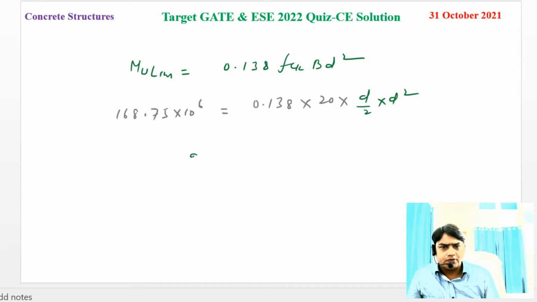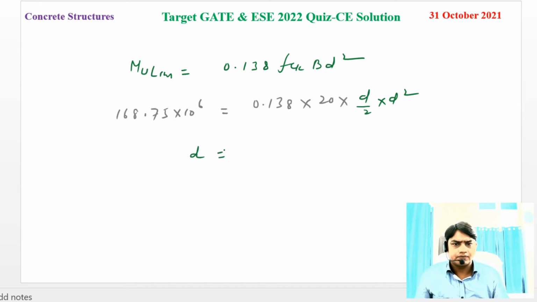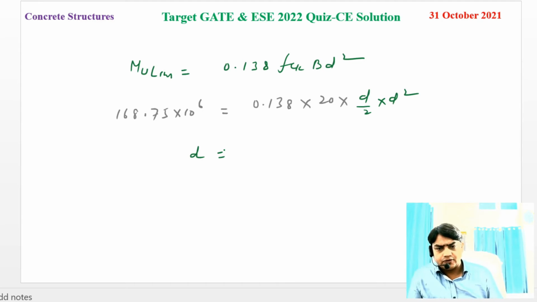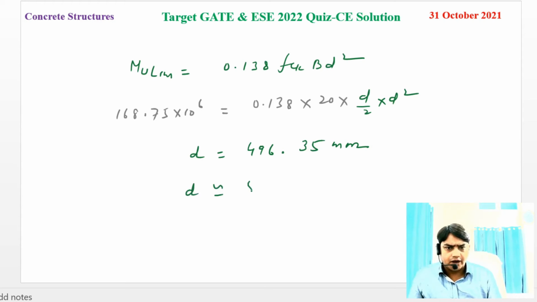So if I compute the value of d, d cube is 168.75 into 2 into 10 to the power 6 divided by 0.138 into 20, to the power 1 by 3. So the value of effective depth is coming 496.35 mm. So it can be provided as 500 mm.